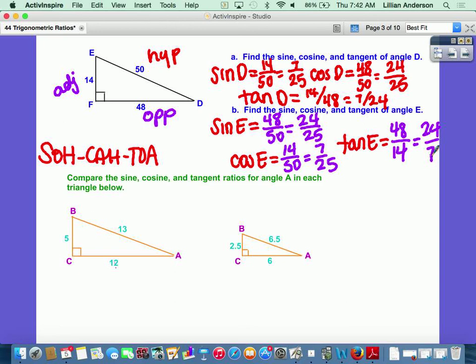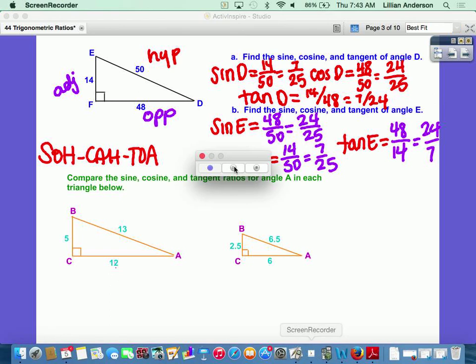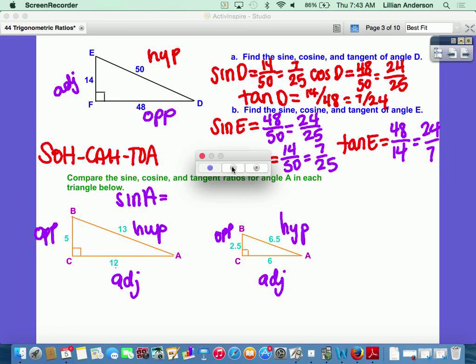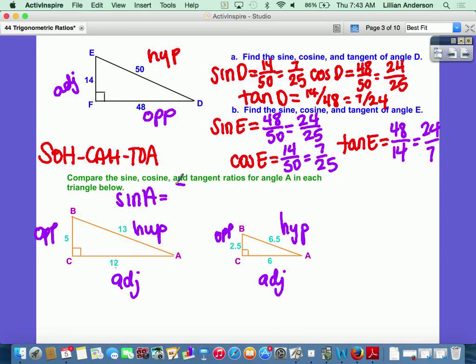Try the next one. You're comparing the sine, cosine, tangent for angle A for each of the triangles below. You should notice something when you do this. So pause the video and try it. Okay? So if you notice, the sine of A should have been 5 over 13, opposite over hypotenuse.